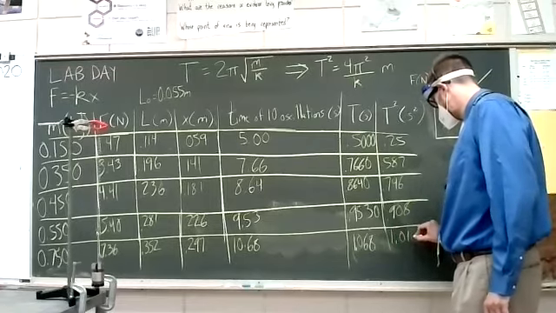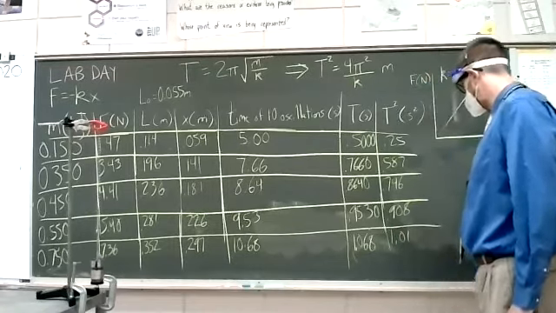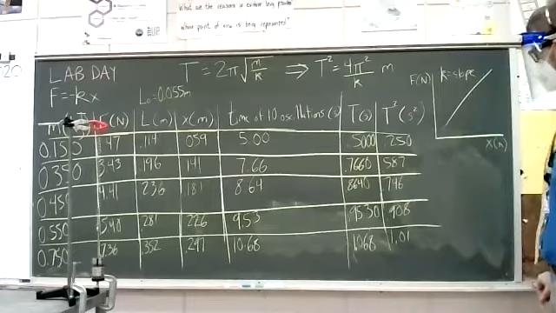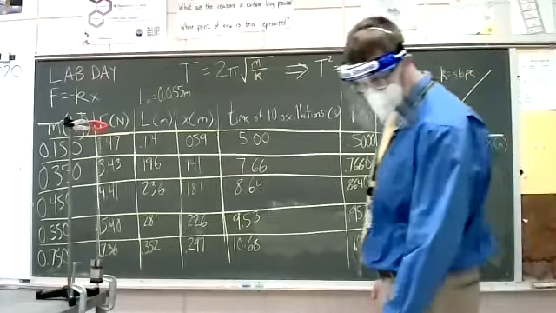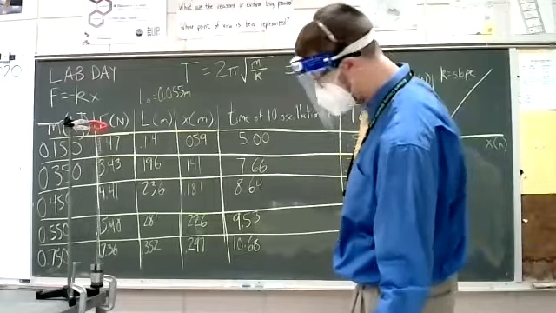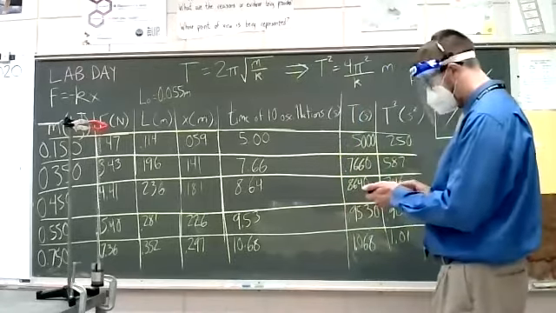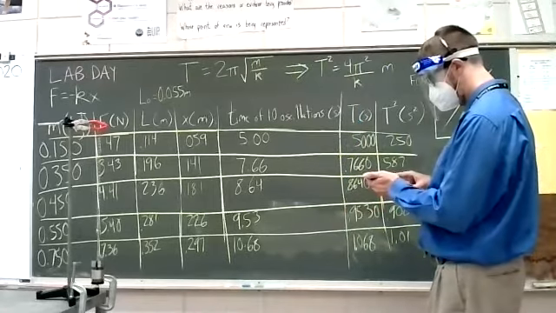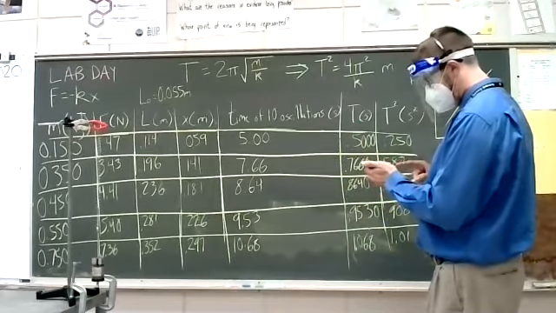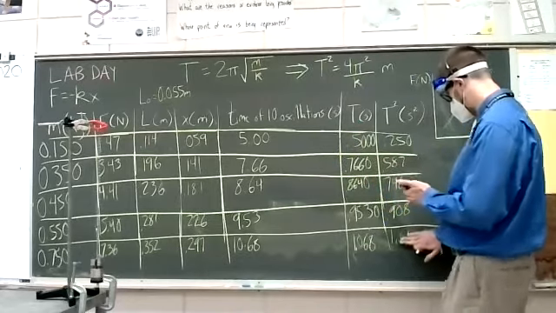I'll just leave it like that. 1.01. Okay. I got 1.4. 1.068 squared. 1.14, right?